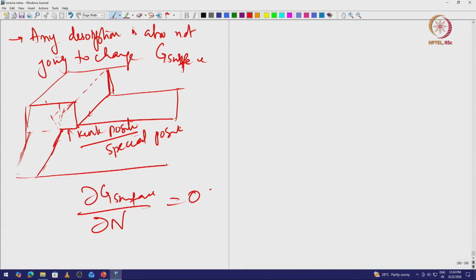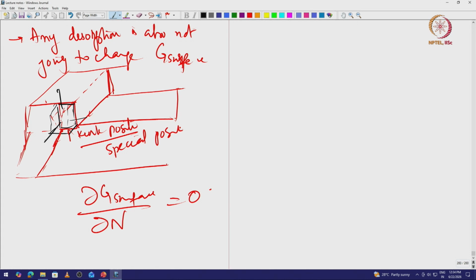So, perhaps add 1 atom here, okay. If I add 1 atom, right, it is as if nothing has changed, right. So, I am again exposing 3 surfaces, right. So, 3 dangling bonds and nothing has changed, right.